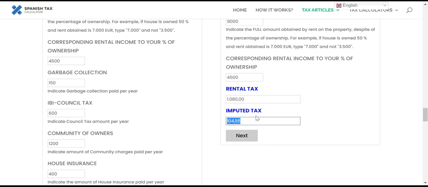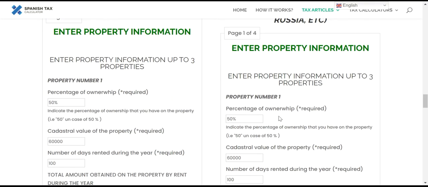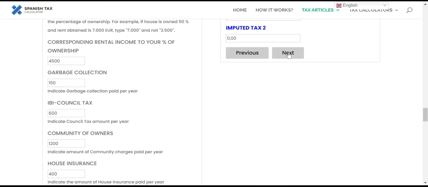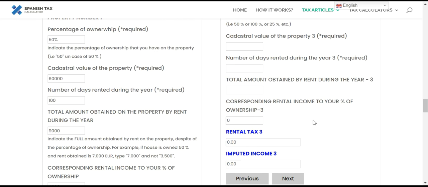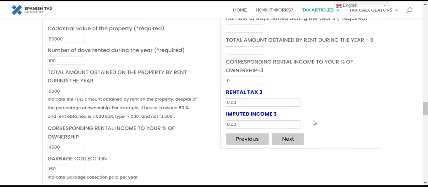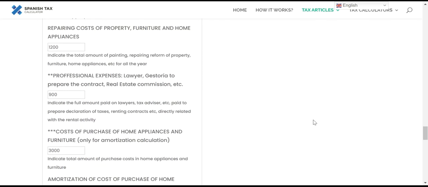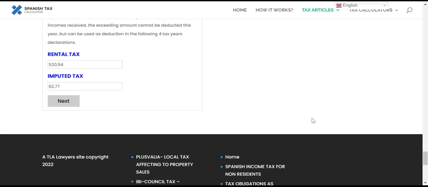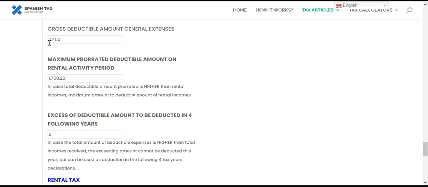So taking this into account, we can continue with the calculator with property 2, property 3. You can play with this, you can make your calculations, and this is the way the income tax for non-residents calculator for Spanish tax works.